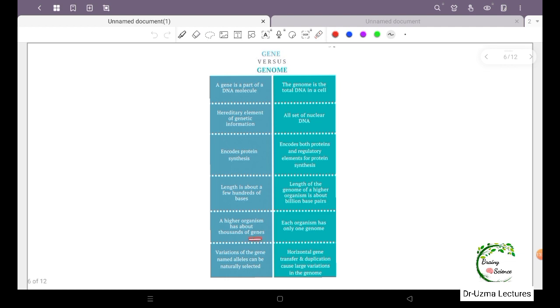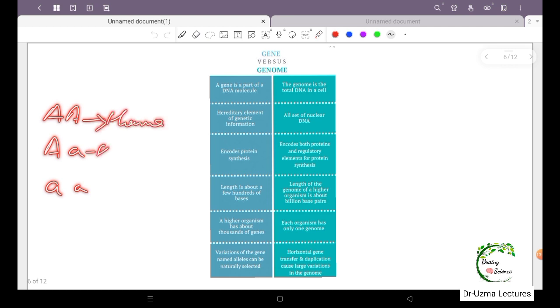The variation of the gene, named allele, can be naturally selected. What do you mean by allele? Alleles are the alternating forms of the gene. And what are the alternating forms? For example, this is capital A, capital A, this is capital A, small a, this is small a, small a. This is homozygous pure, this is heterozygous, and this is also homozygous. So what are the alternating forms of the allele?